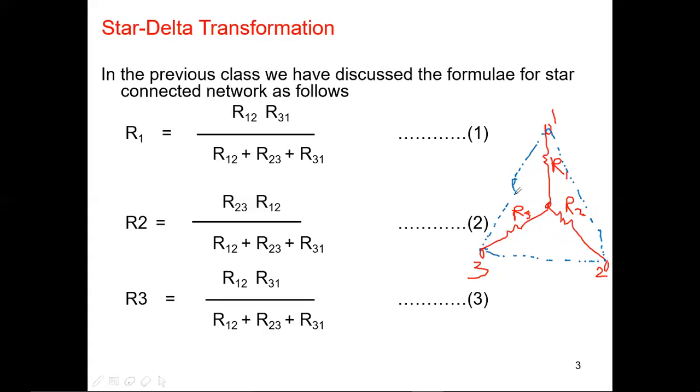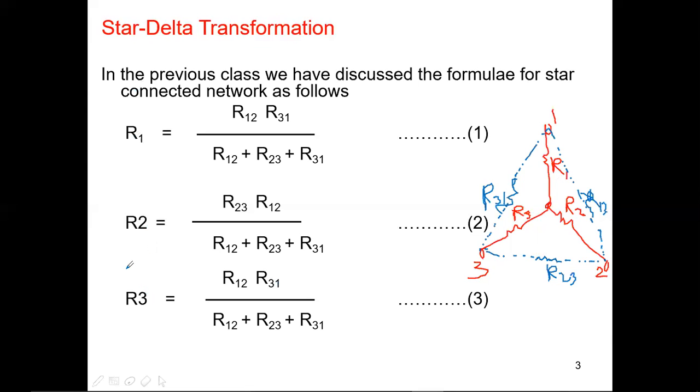In this, there is a resistance here, and there is also a resistance here. These are called R12, R23, and R31. Now I need to find these unknown values of R12, R23, R31 by using the known values of R1, R2, R3. How are we going to do this?